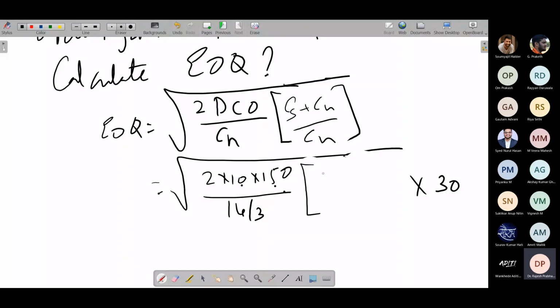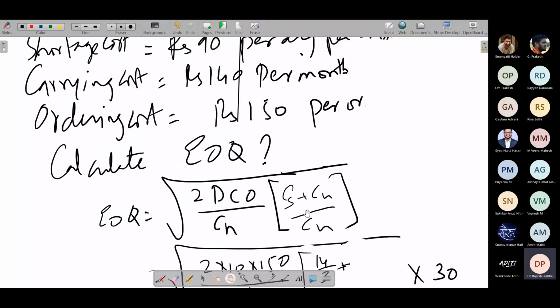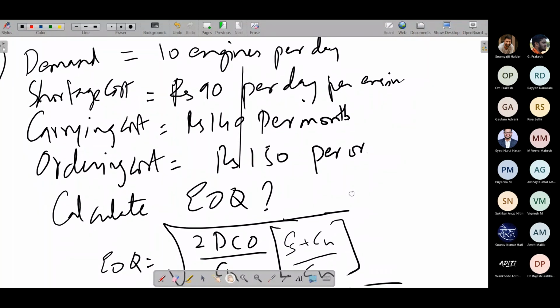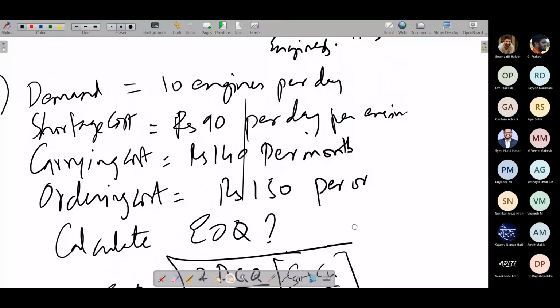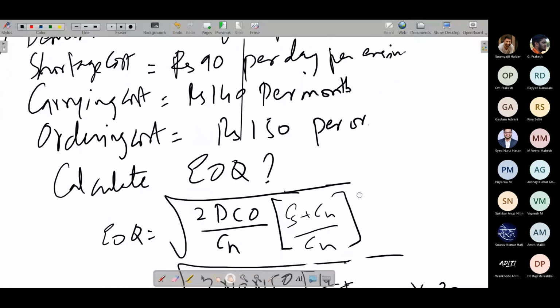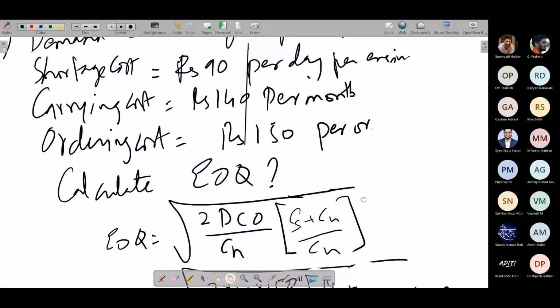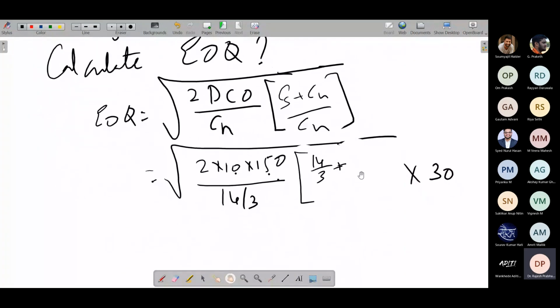What is the cost of shortage? 14 by 3 plus holding cost, how much? 90.